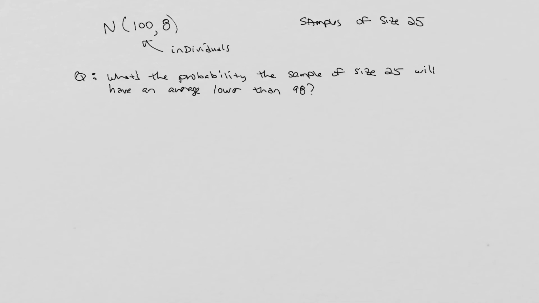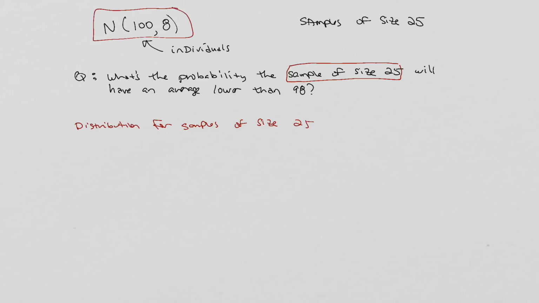Right? So let's read the problem. We're talking about samples of size 25. So we have to ask ourselves, what's the distribution for samples of size 25? Well, again, for individuals, it's this. For the samples of size 25, since we started off with the normal distribution, we'll still be in the normal distribution.